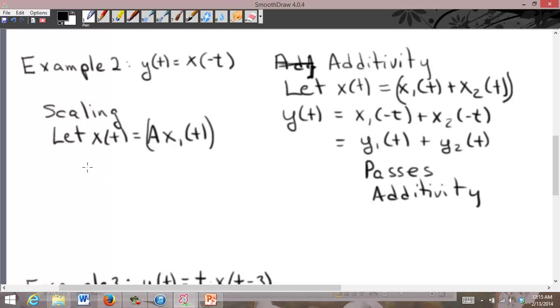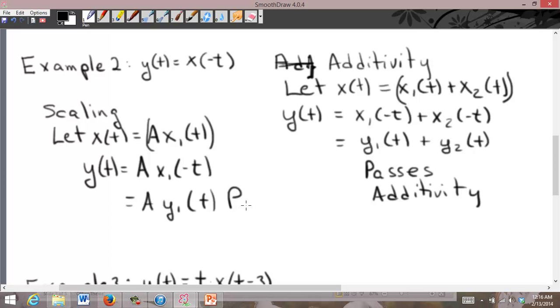I time reverse that and I get that y of t is equal to a times x1 of minus t, which is equal to a times y1 of t. So it passes scaling. Since it passes scaling and it passes additivity, it is linear.